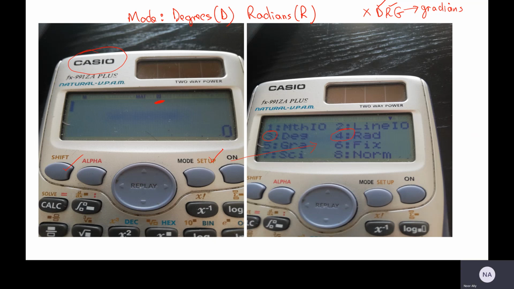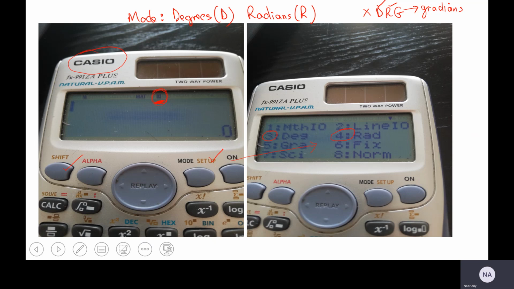If you have a calculator right now, do it right now. Press Shift, Setup, press the number 4, and this will change to an R, meaning your calculator is now in radian mode. For all your other guys that have these fancy calculators, find out how to use it and do it correctly.